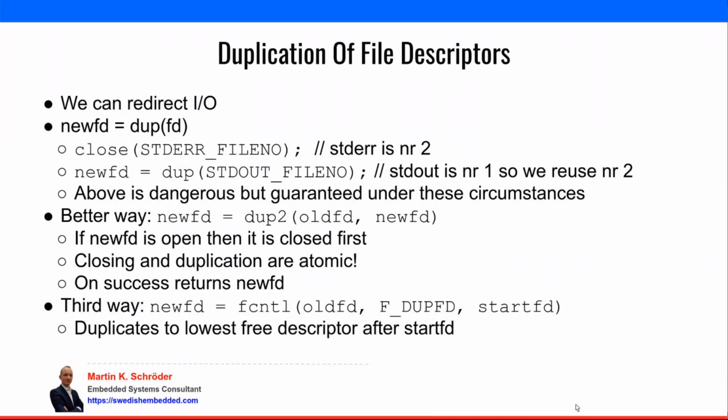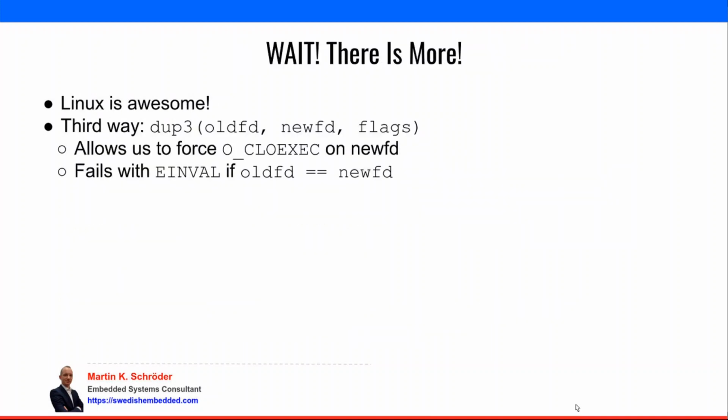We set an integer number, and it's going to pick the lowest open descriptor that is available after that number.